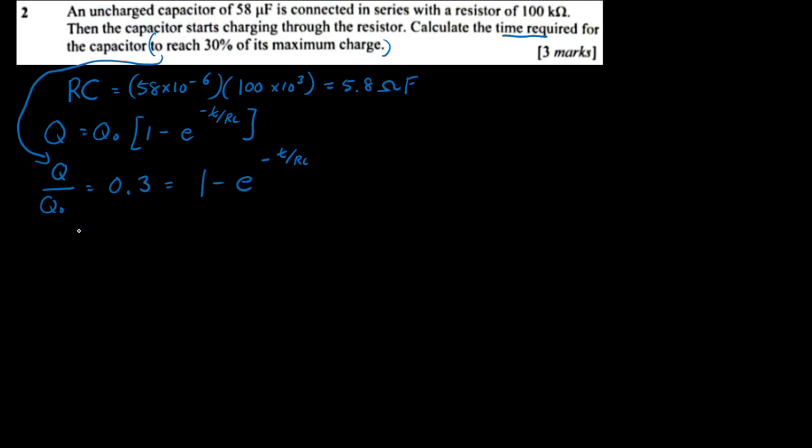Okay, so I'll have 0.3 equals to 1 minus e to the power of negative t over 5.8. Okay, so we can solve that equation for t, to get approximately 2.069 seconds.